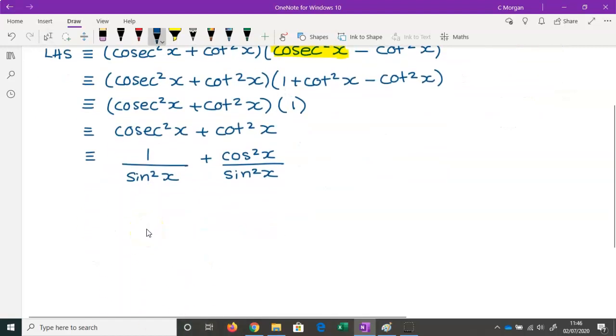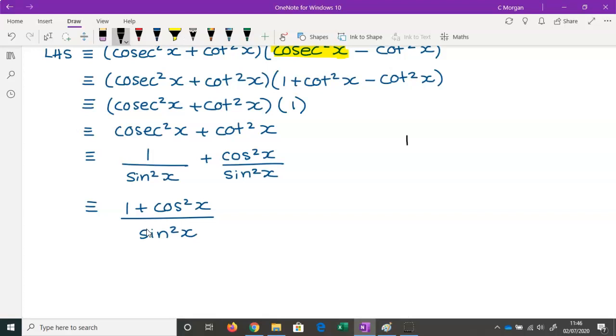So now I'm going to add those two fractions together to get 1 add cos squared x over sine squared x. Now, if I think back to what the question was, the right-hand side that I'm trying to get to was 1 add cos squared x over 1 subtract cos squared x.